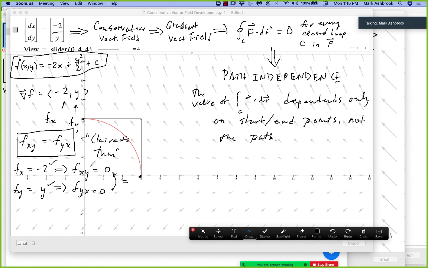So if Clairaut's theorem holds, you can conclude that those are valid first partial derivatives. If that was not a gradient field, these would not be equal. And why is that? We never got into the proof of that. All right, thank you. Yeah, that would take some time.